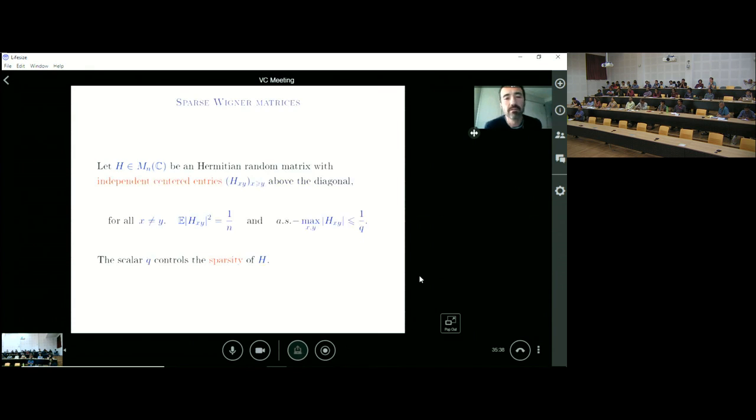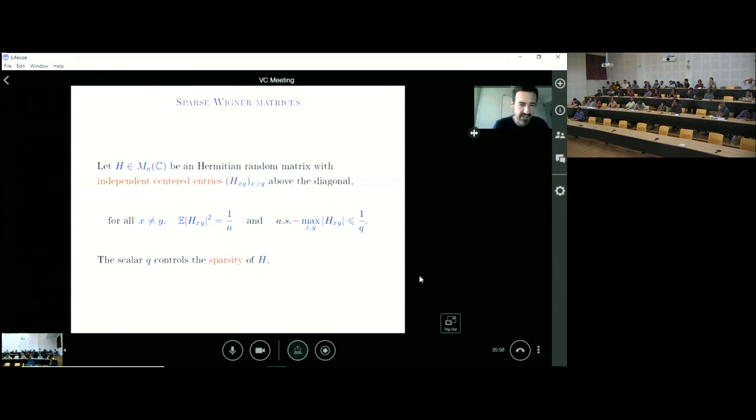Okay, so we consider Wigner matrices of this type. Entries above the diagonal are independent. We'll assume that the entries are bounded by 1 over q.